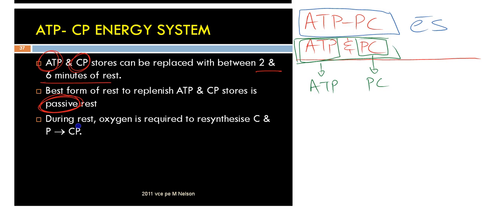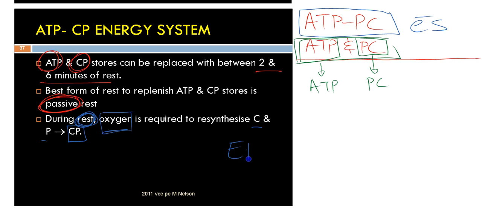And lastly, during rest, oxygen is required to resynthesize creatine and phosphate back into creatine phosphate. So it occurs at rest, and oxygen is required.